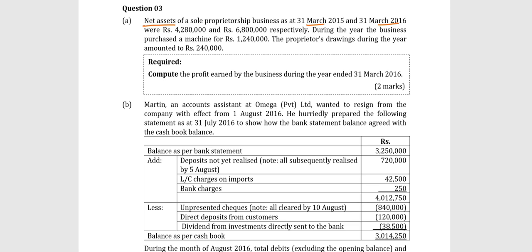During the year, the business purchased a machine for 1,240,000. The proprietor's drawings during the year amounted to 240,000. Compute the profit earned by the business during the year ended 31st March 2016.